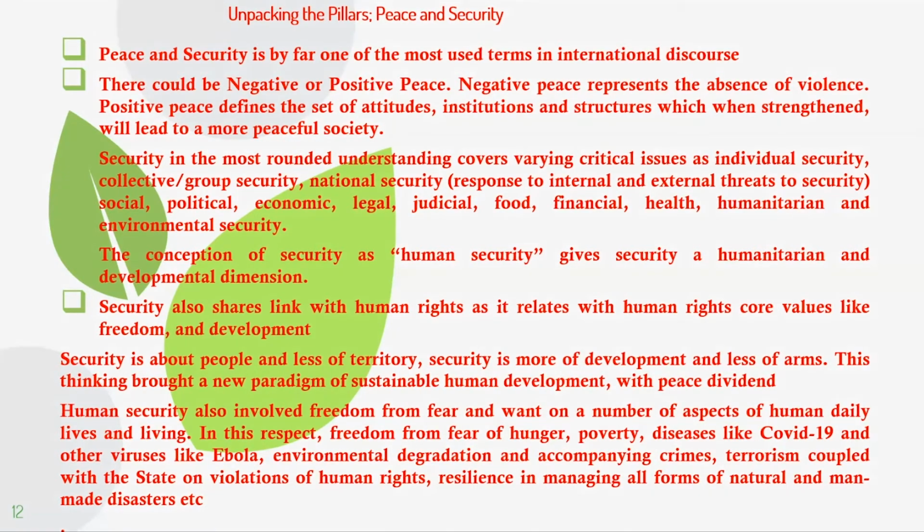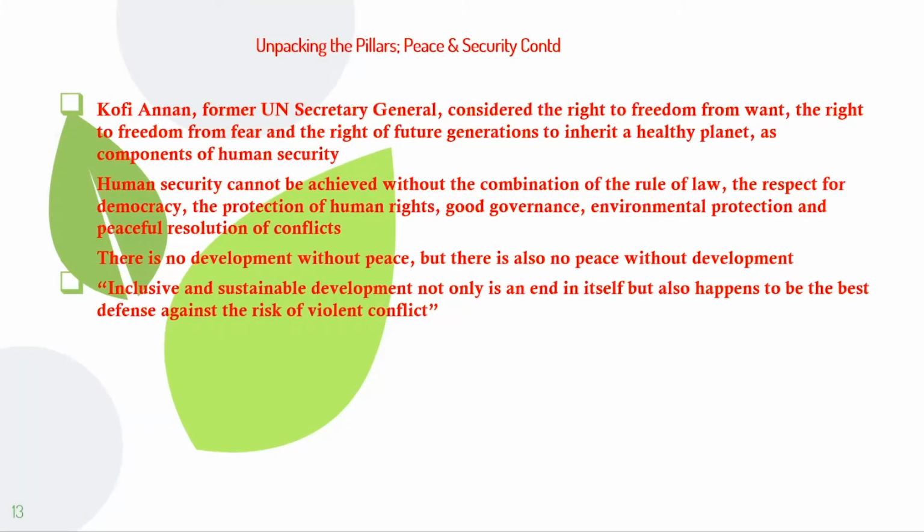Kofi Annan, former UN Secretary General and a son of Africa, considered the right to freedom from want, the right to freedom from fear, and the right of future generations to inherit a healthy planet as components of human security.